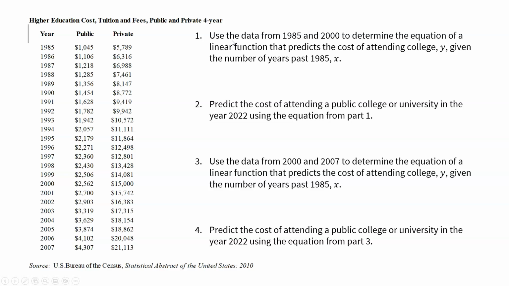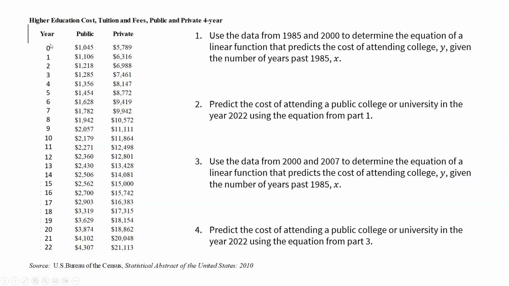In this first part, you're asked to use the data from 1985 to 2000 to determine the equation of a linear function that predicts the cost of attending college, y, given the number of years past 1985, x. Again, this is the number of years past 1985 to make the x values a little bit tamer.